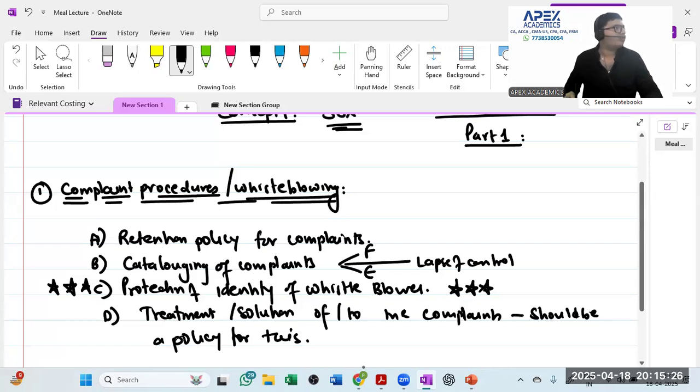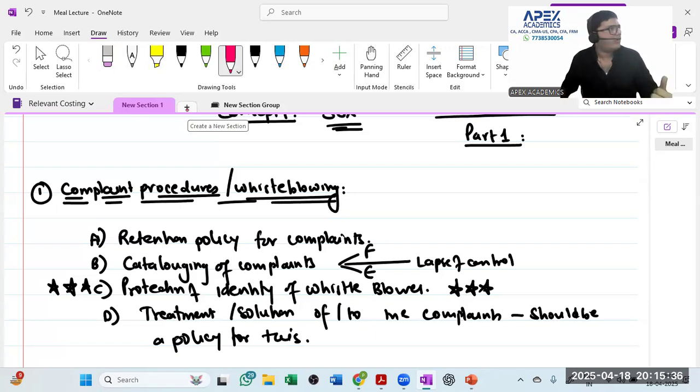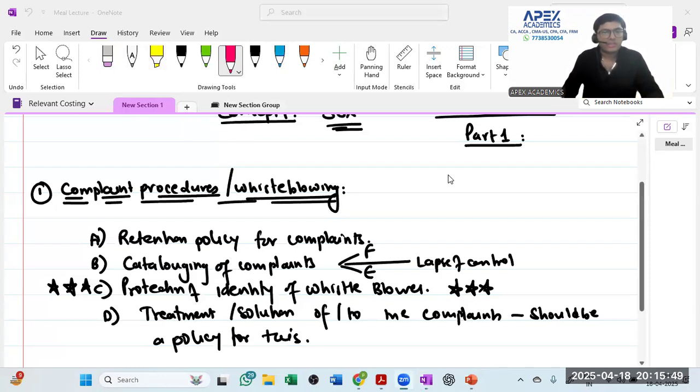This is with respect to SOX, with respect to complaint proceedings. What is the first point? There must be a retention policy of complaints. There must be a cataloging of complaints. There must be a protection of the identity of the whistleblower. And there must be a treatment or a solution to the complaints, a policy for treating all these complaints. Please try to understand. There has to be a policy for treating the complaints.